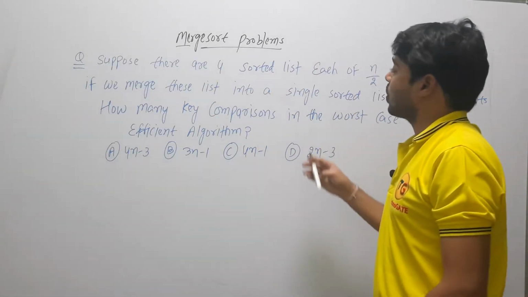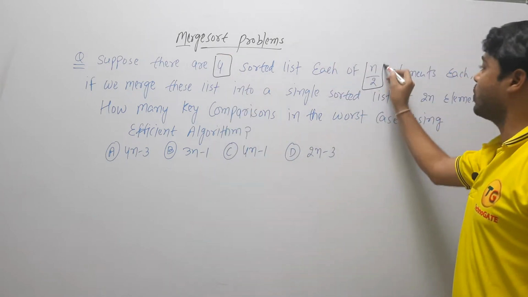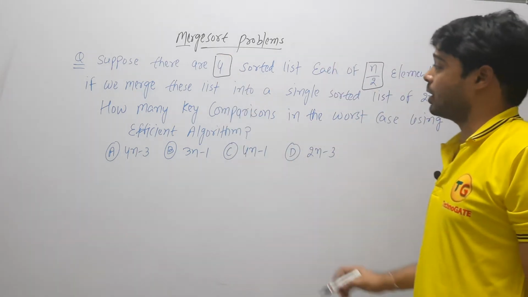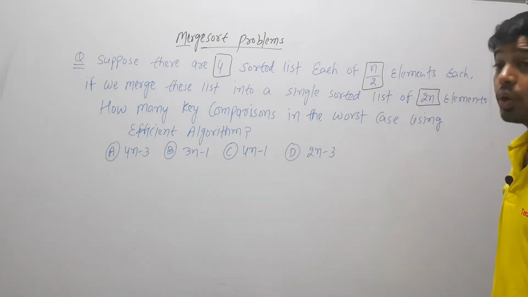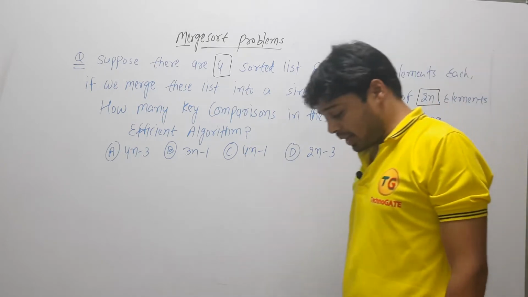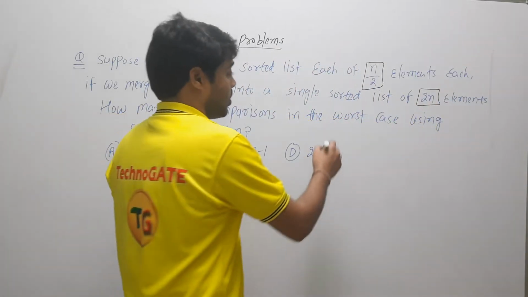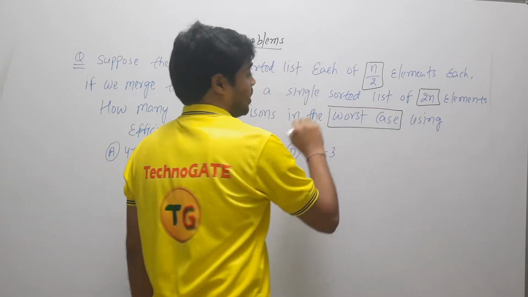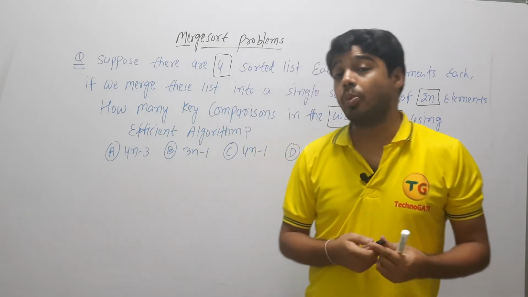So here four sorted lists of each n by 2 elements. Okay, if we merge into a single sorted list of size 2n elements, we want 2n elements here. How many key comparisons in the worst case using an efficient algorithm here? Okay, so here worst case, how many comparisons are there?